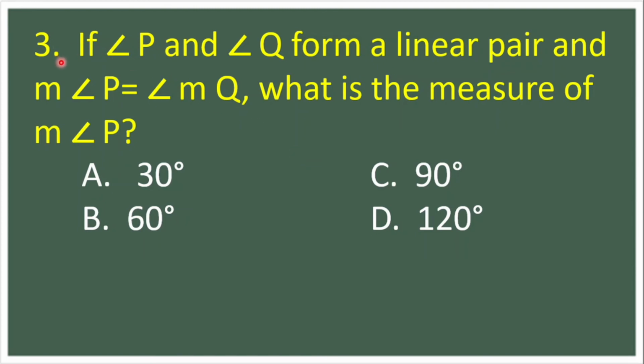Number 3. If angle P and angle Q form a linear pair, and measure of angle P is equal to measure of angle Q, what is the measure of angle P? So since they form linear pair, meaning na yung sum nila ay 180 degrees. Then, equal yung dalawang angles, so therefore, the answer is letter C. Para maging 180 yan, 90 plus 90 is equal to 180.